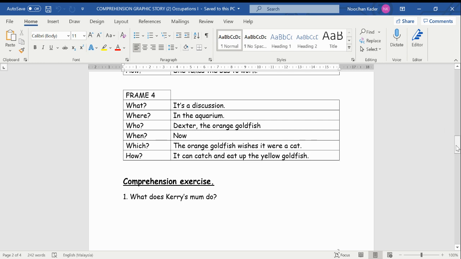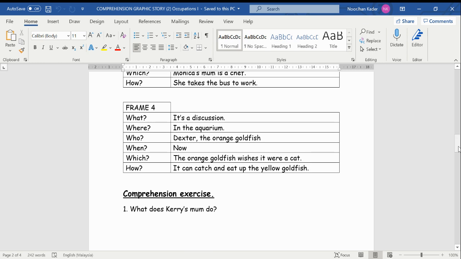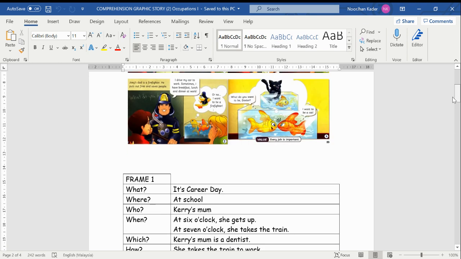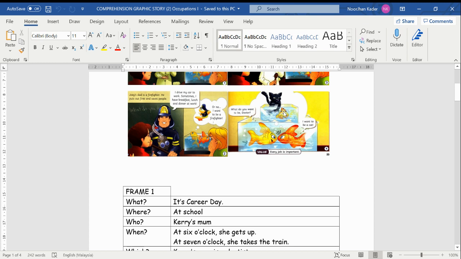How? How means it wants to be a cat, and how is it going to react upon the yellow goldfish. So you can see the imagination here. It wishes it were a black cat and could catch the yellow goldfish, and eat it up, so that there'll be no more yellow goldfish.